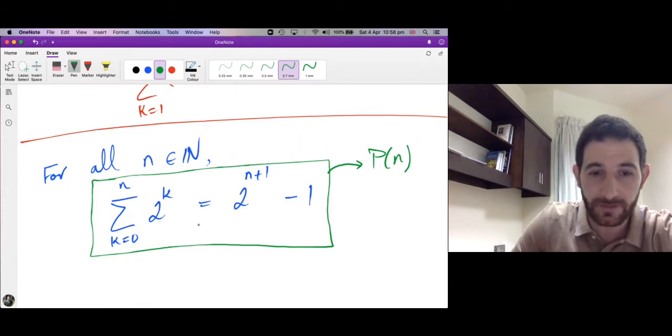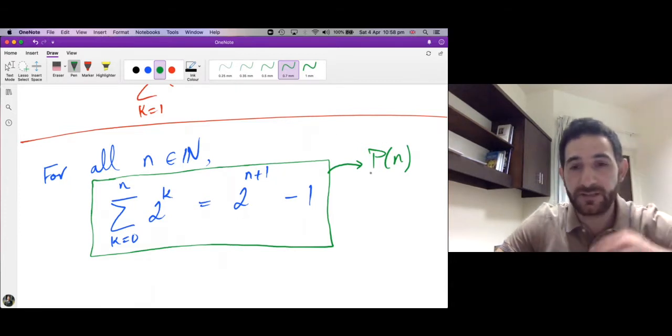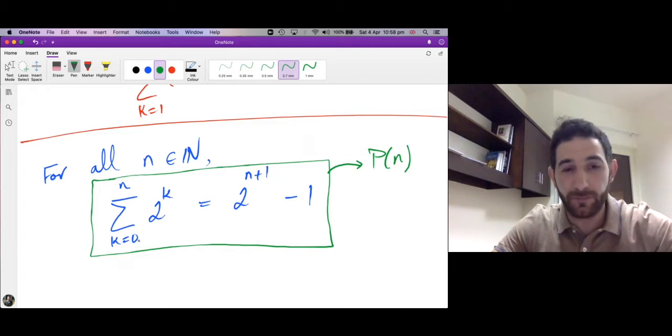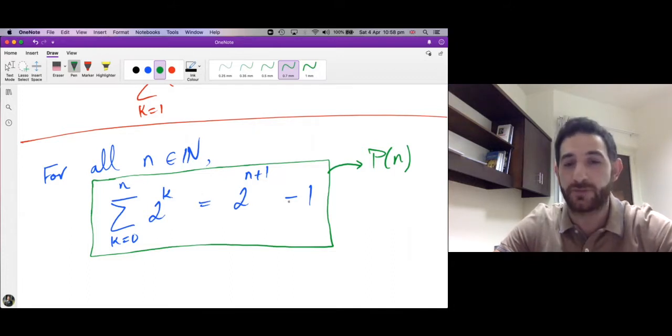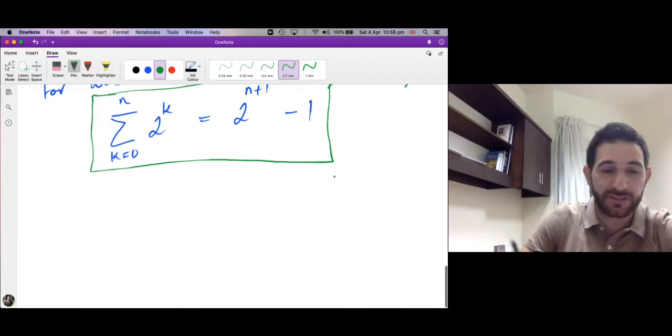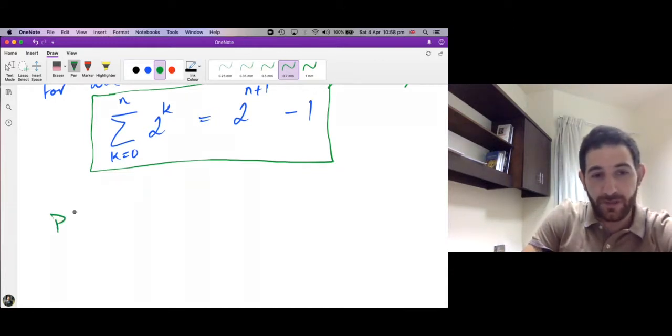What is it? That n has the following property, that if you sum the powers of 2 from 0 to n, you get the n plus 1 power of 2 minus 1. So for example, let's show that, say, P of 4 is true. What is the property P for 4?